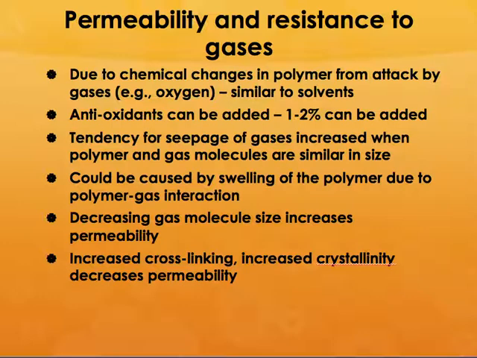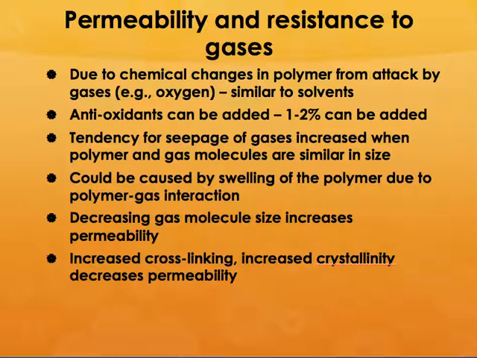As I said to you, if these are going to be used for transporting gases like liquid oxygen or gaseous oxygen and things like that, you do not want those gases to be diffusing between the fabric layers.